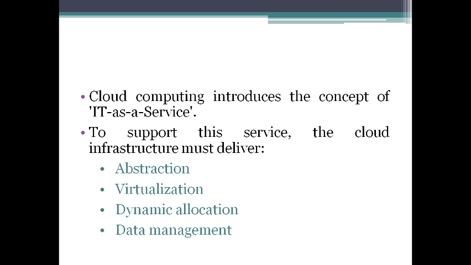And the fourth one is data management, very fast, secure, reliable data access and mobility. So to support IT as a service, the cloud infrastructure must deliver with all these characteristics.